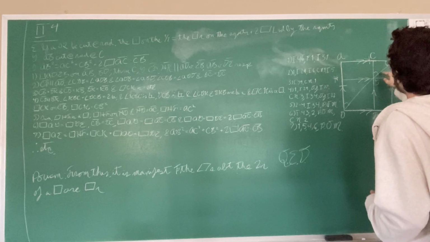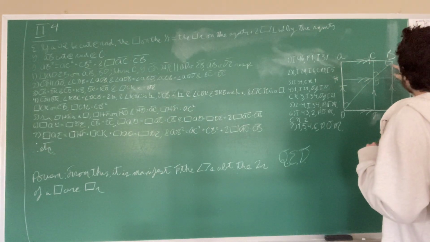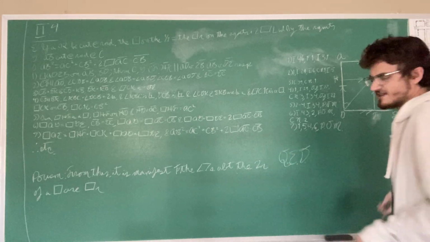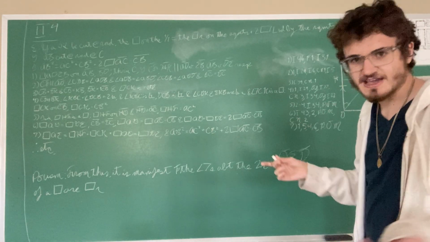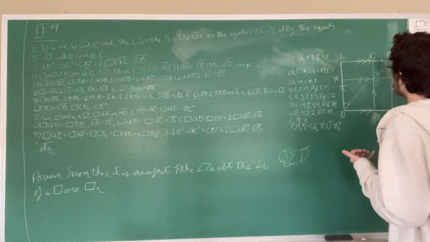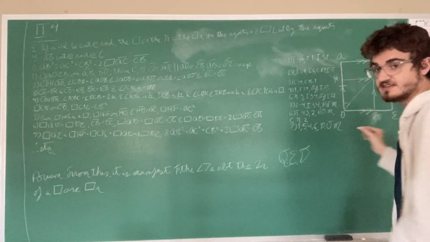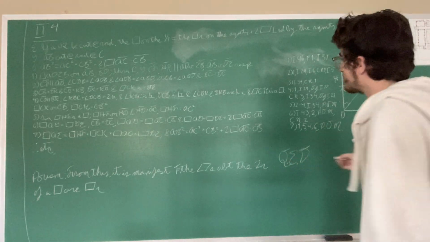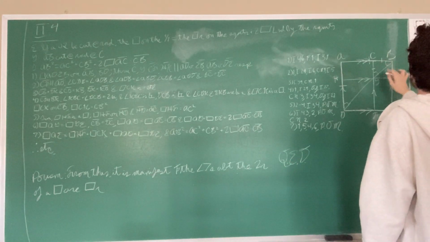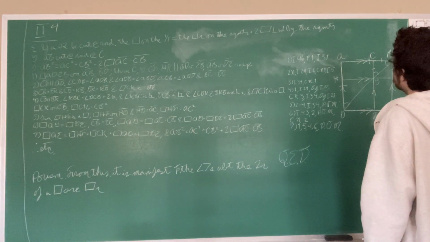We can say that the angle CGB is equal to the angle CBG. Yeah, they're the same angle. And because these angles are equal, by the converse of 16, we can say that the sides which subtend them are also equal. In this case, that would be to say that CB is equal to GC.